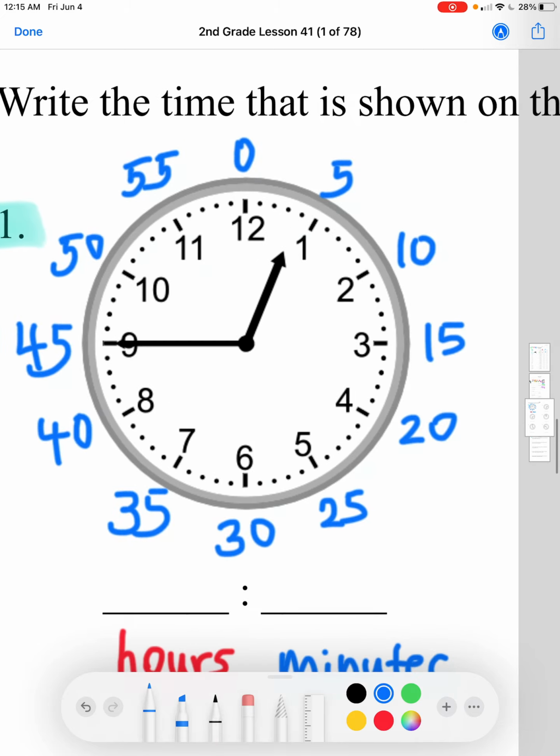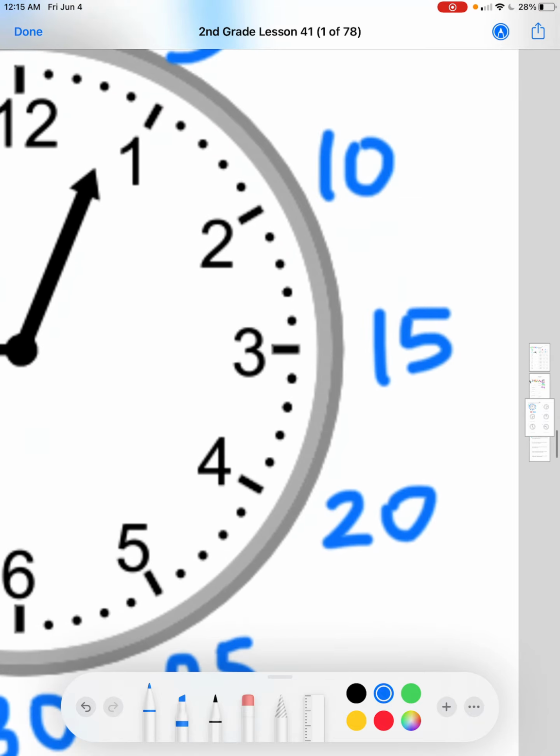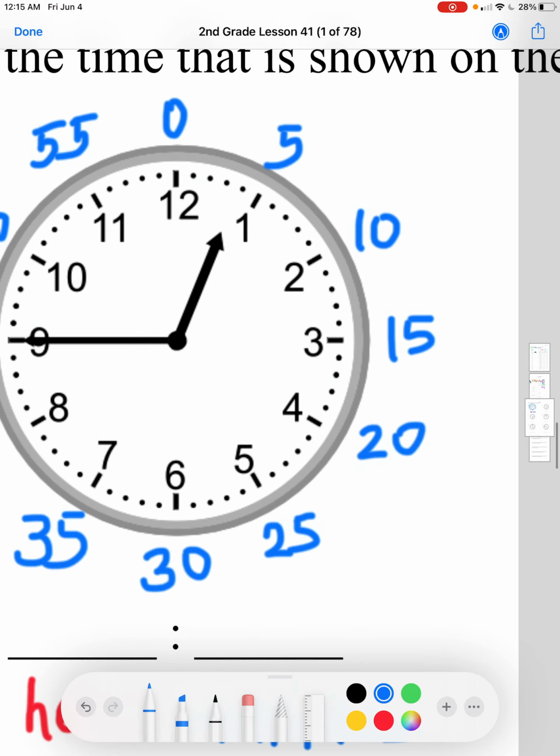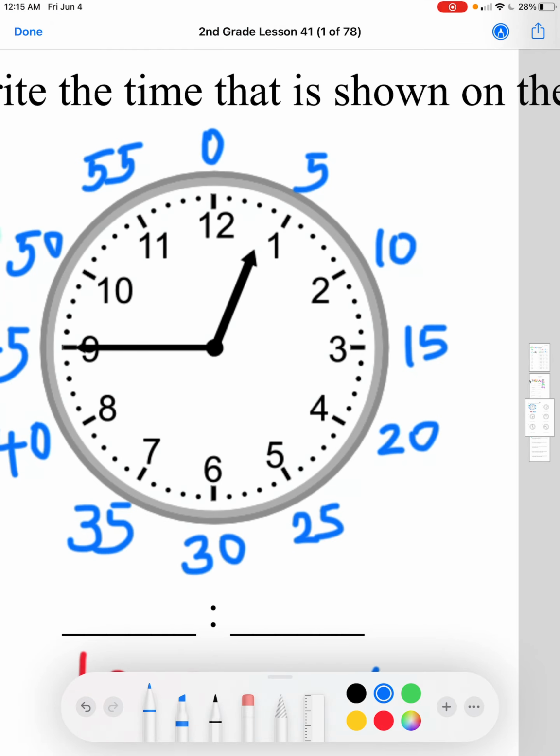Basically what we're doing is this number times 5 equals this number. 2 times 5 equals 10, 3 times 5 equals 15. It's the same thing as skip counting by 5s. 5 plus 5 equals 10, 10 plus 5 equals 15, 15 plus 5 equals 20, and so on.